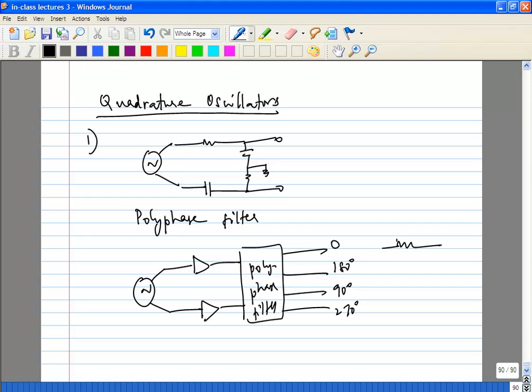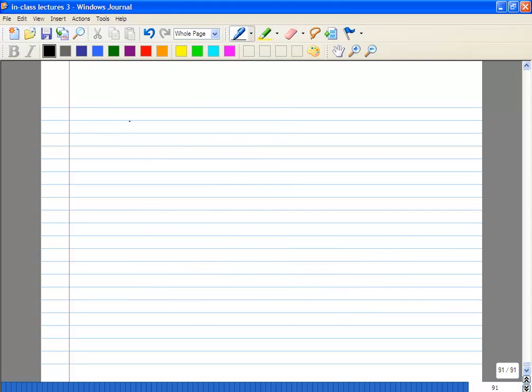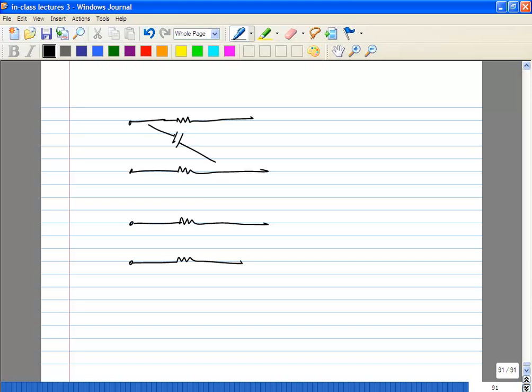On one side, actually let me go to the next page. It's going to look something like this.